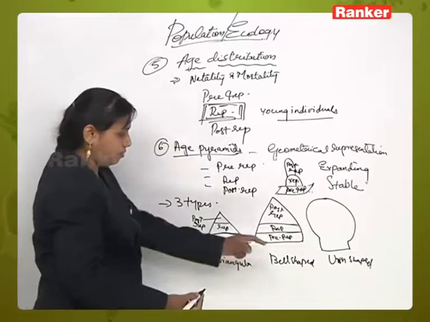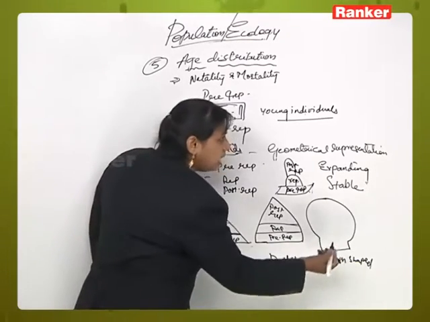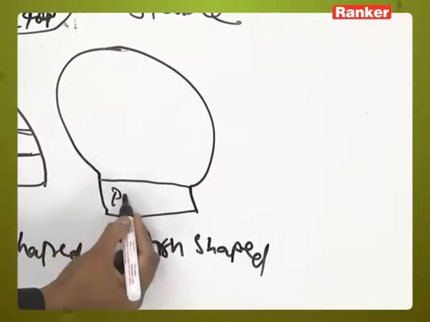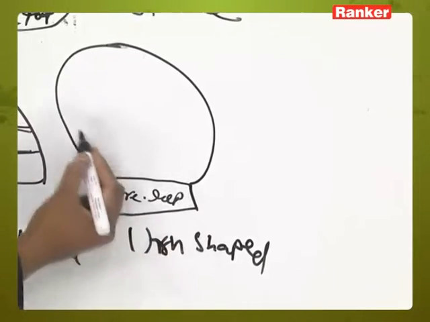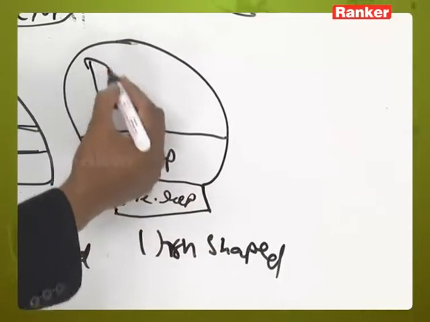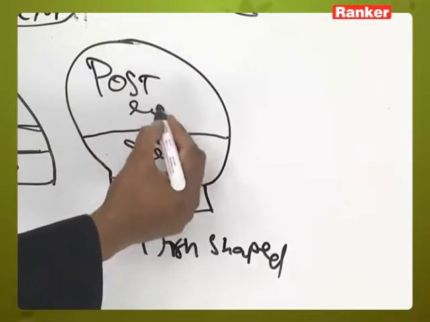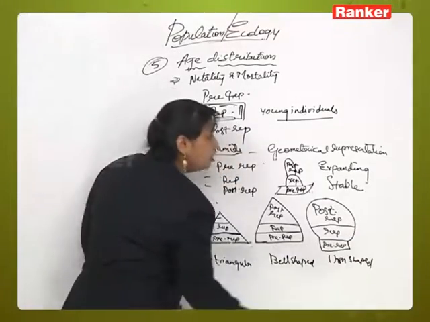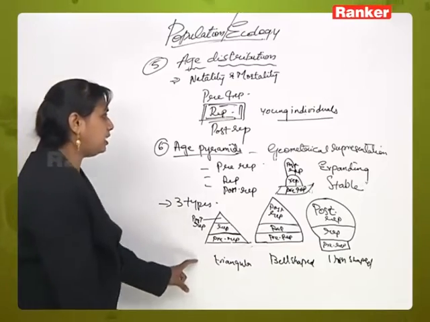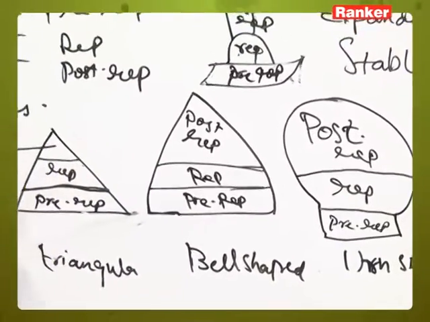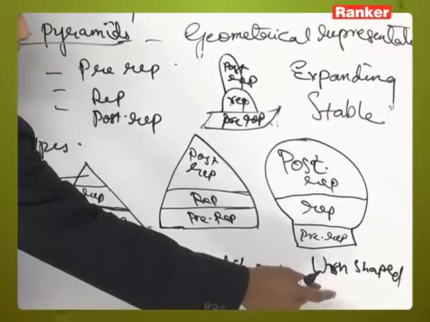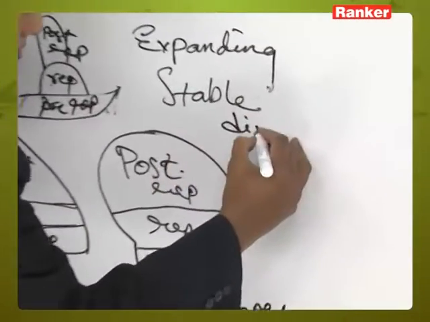Now here when we come to the urn shape, you will see the pre-reproductive stage is very less, then you will have a bit of reproductive phase and more of post-reproductive phase. Okay, here the population is young, here it is stable, here it is a diminishing population.